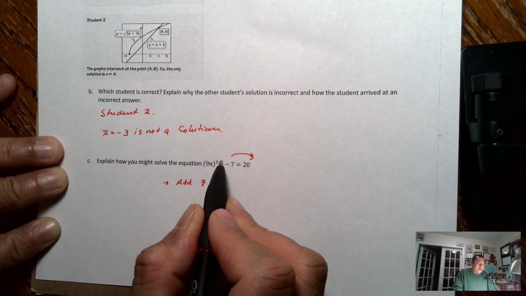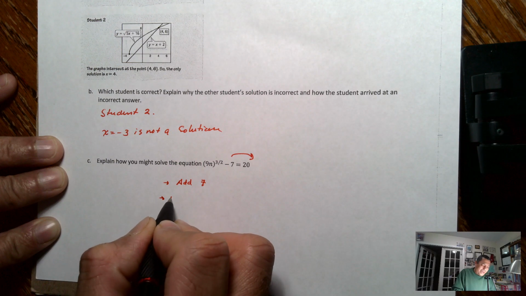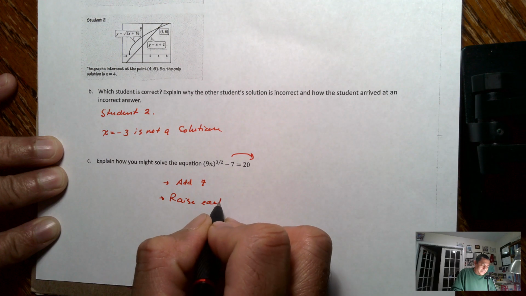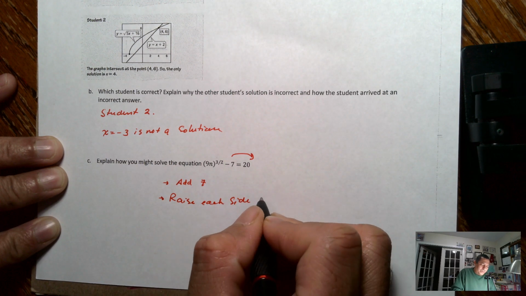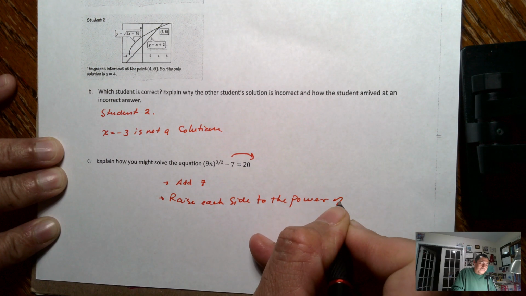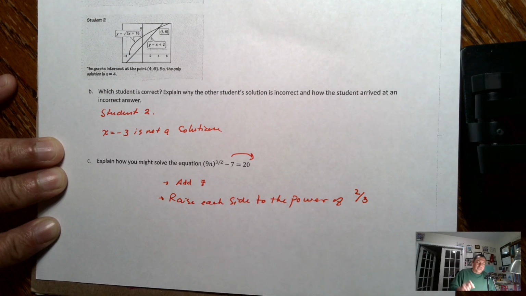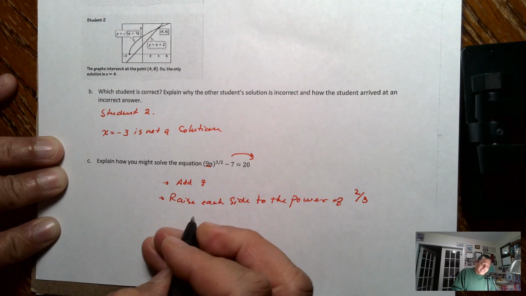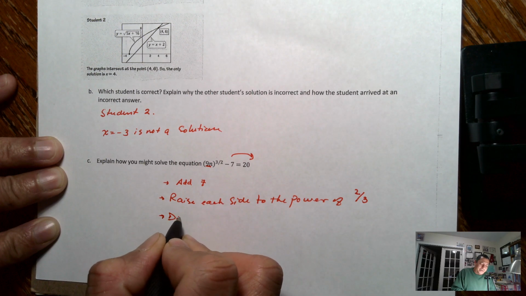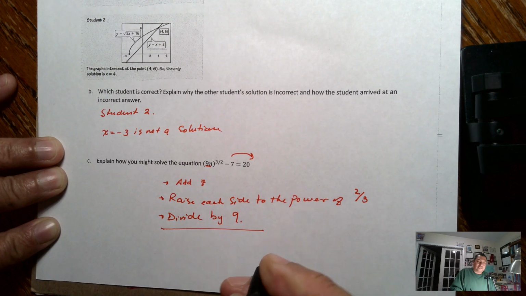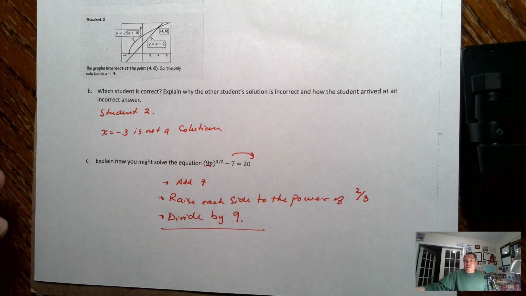I have 3/2, so I'm going to raise each side to the power of 2/3. So I'm going to do the reciprocal of this fraction. And then finally, you have 9 times n, so I'm going to divide by 9. Okay, those are the steps that I'm going to take.